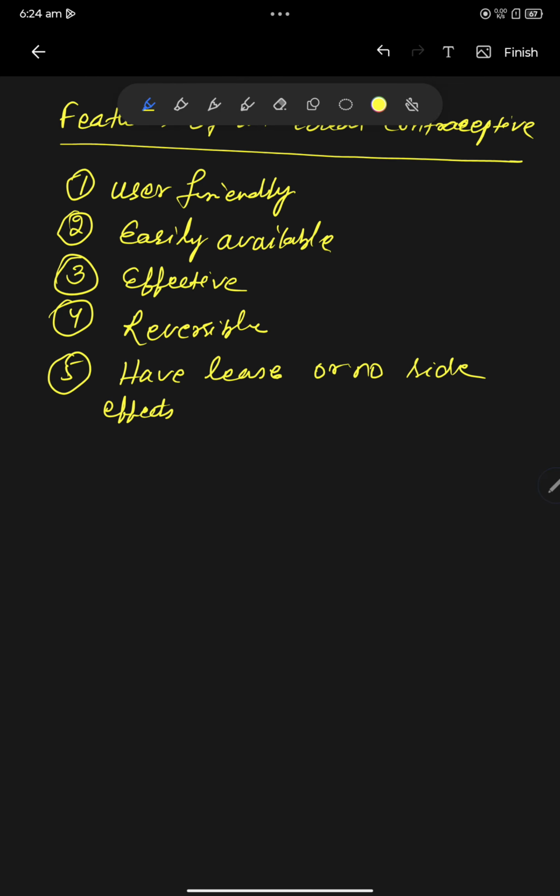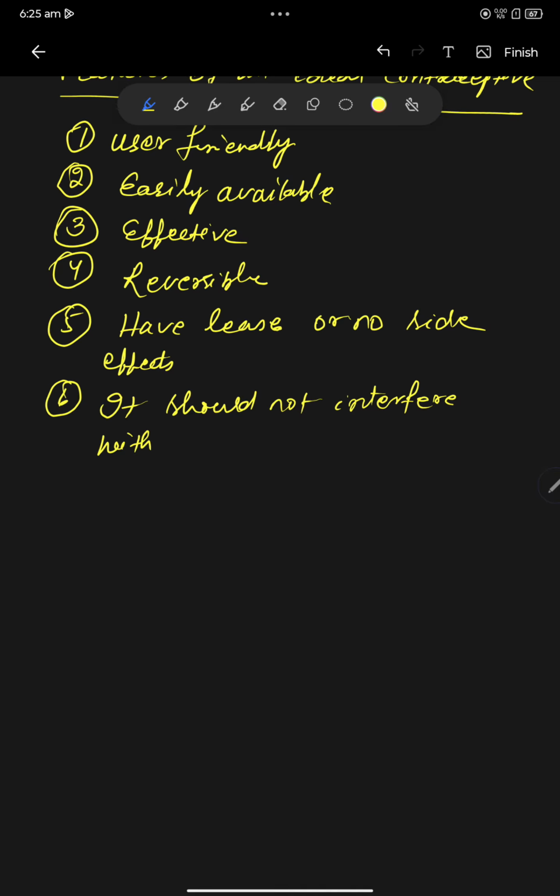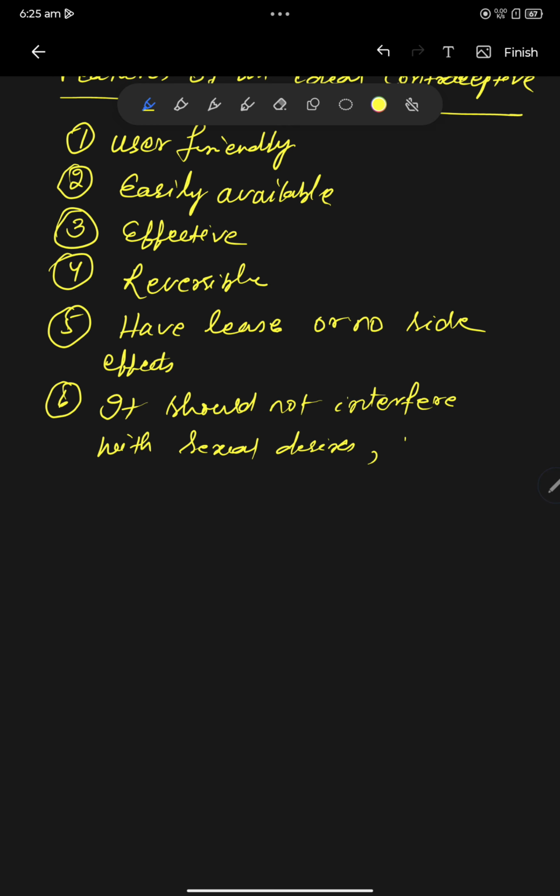And the sixth one is it should not interfere with sexual desires, sexual drives, or sexual act.